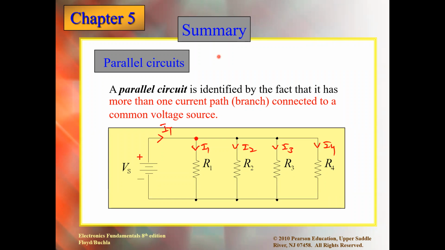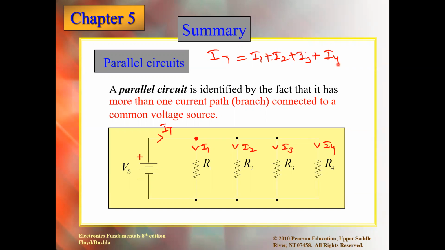Can I say now IT is equal to I1 plus I2 plus I3 plus I4? Can I say that all currents are the same? No, because the current is not the same in parallel. I am saying they are added. I am not saying they are equal.